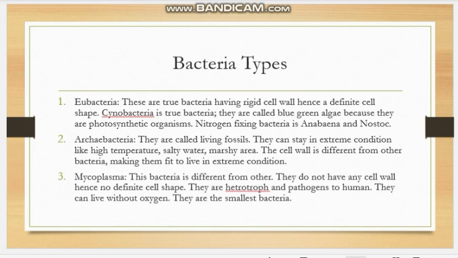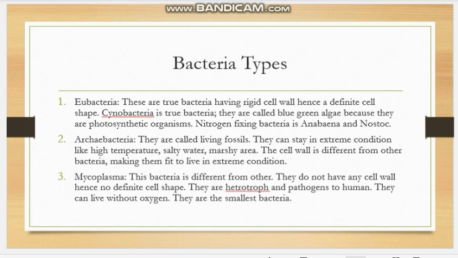Eubacteria is the true bacteria in the true sense. It means they have a rigid cell wall. Rigid cell wall means they have a definite cell shape.